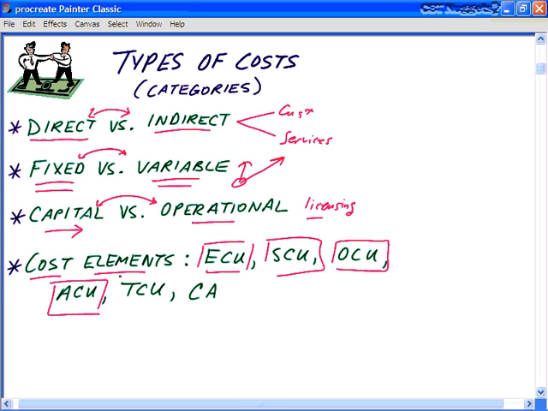A TCU is a transfer cost unit, and a transfer cost unit is associated with goods and services that are provided by other departments. In other words, you're transferring and you're allocating internal charges between departments or business units. For example, as I mentioned earlier, in my IT department, I may need to use the resources of an accounting specialist or a CPA from the finance department.